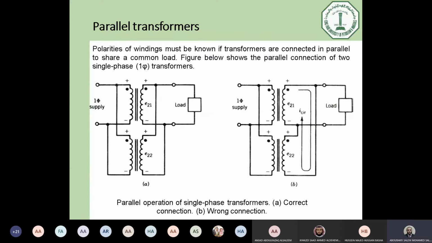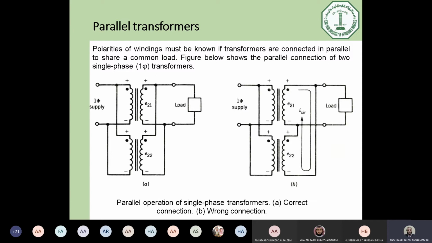If we have two transformers now and we need to connect them in parallel, firstly, you have to use identical transformers, which means the primary voltage is the same level, and the number of turns and turns ratio are the same. You cannot connect two transformers with different voltage levels.